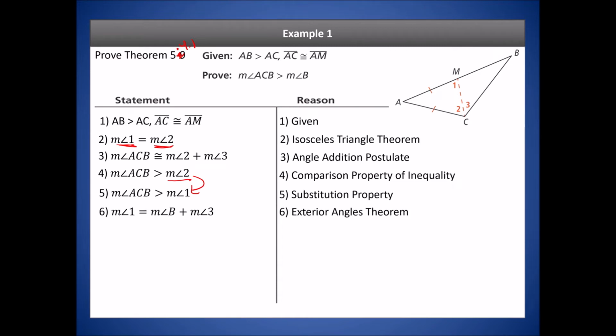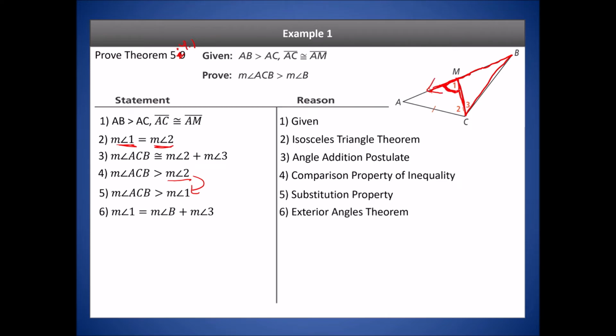And then next we know that by the exterior angles property, angle 1 is equal to the measure of angle B plus the measure of angle 3. If you remember, the exterior angles theorem is, if you look at this triangle right here and you extend this side, this right here is an exterior angle.